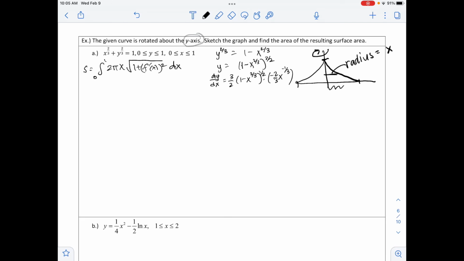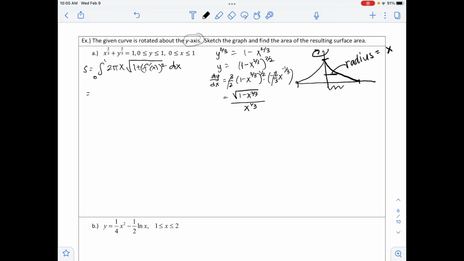And so you can simplify this a little bit. First note that the 3/2 and the 2/3 are going to cancel out. And then x to the 1/3 will move to the denominator. And so this would be the square root of 1 minus x to the 2/3, over x to the 1/3.